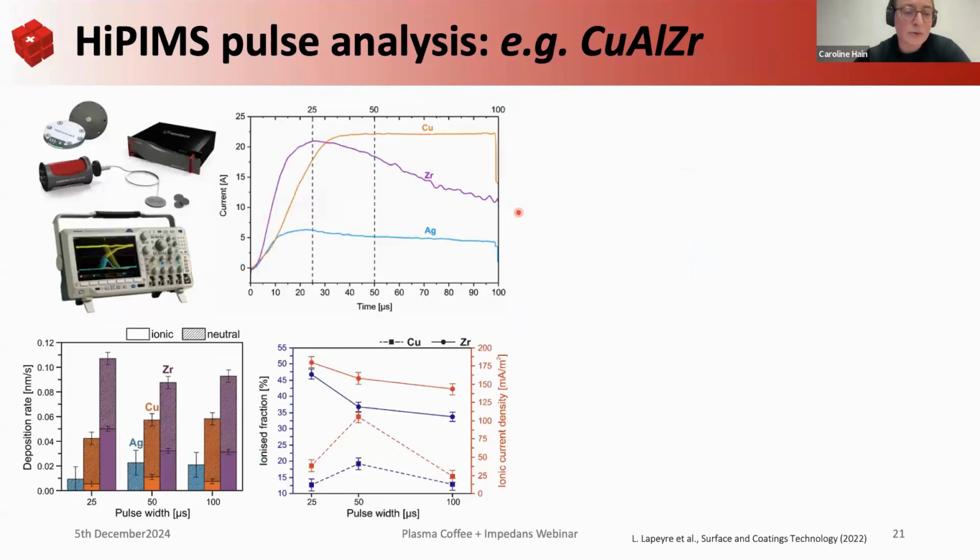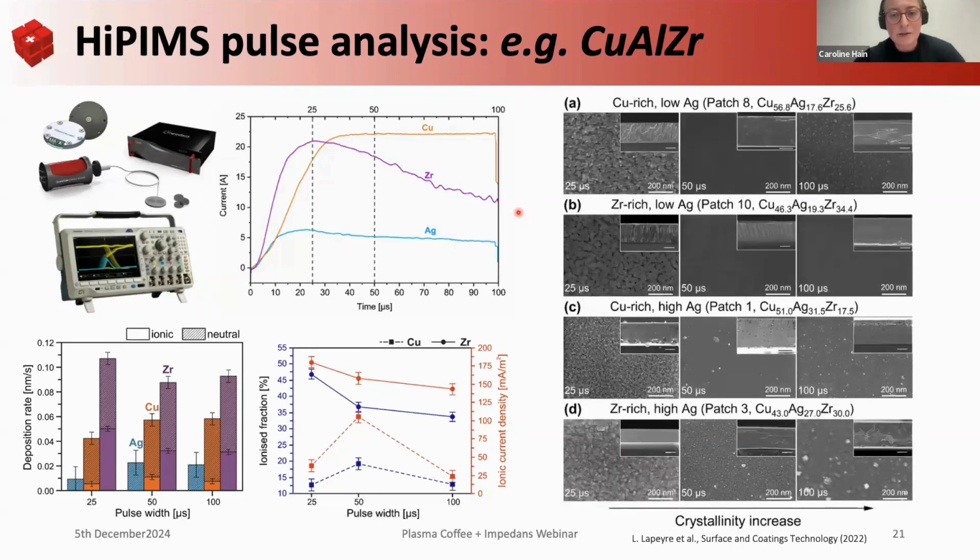So we have all this information from our diagnostics, and we can understand what's happening during the pulse for these different metals and different pulse durations. Then when we start to produce our materials, depending on whether we're looking at something copper-rich or zirconium-rich, with high or low amounts of silver, and depending on the pulse width, going from 25 to 50 to 100 microseconds, we can induce quite significant changes in our material.